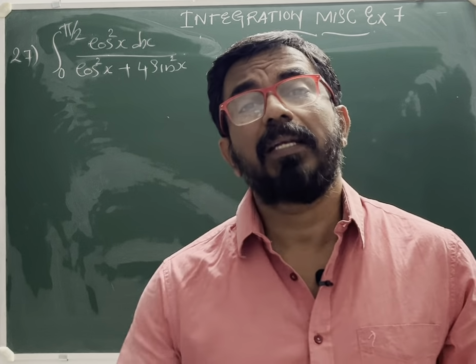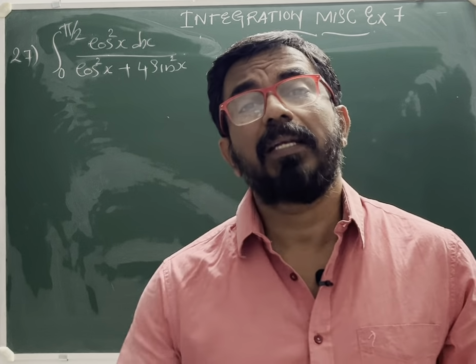If I multiply sec square x in the numerator and denominator, this cos square and sec square will cancel, and it will become 1. That I don't want. I want a sec square. So I multiply sec power 4x in the numerator and denominator. Now this will become integral 0 to pi by 2 cos square into sec power 4. One cos square and one sec square will get cancelled, as they are reciprocal functions.